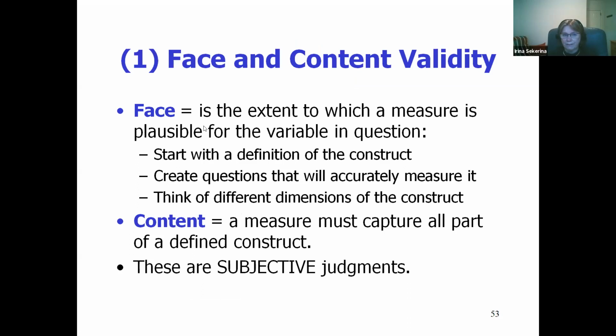The only difference is that face is the one that actually asks, do you measure depression with BDI, or do you measure something else? Do you measure self-esteem with it? While content has to make sure that everything that needs to be included is included.